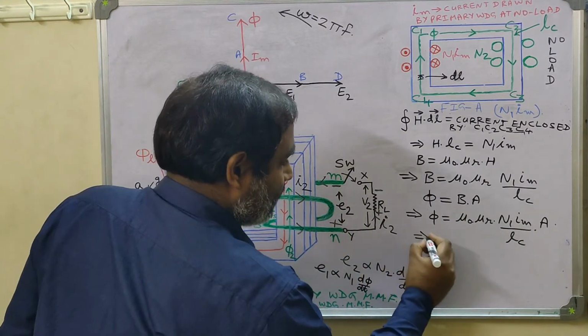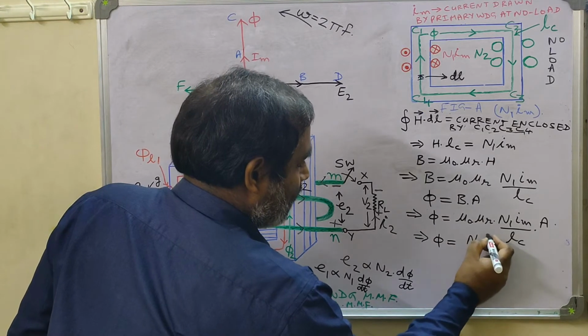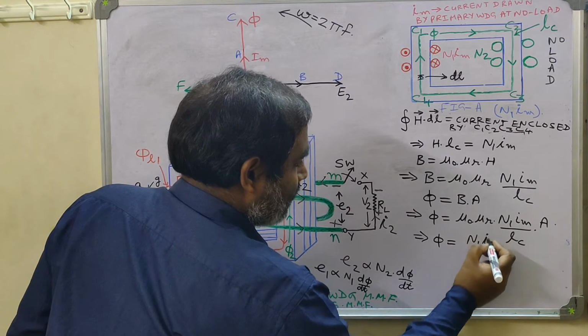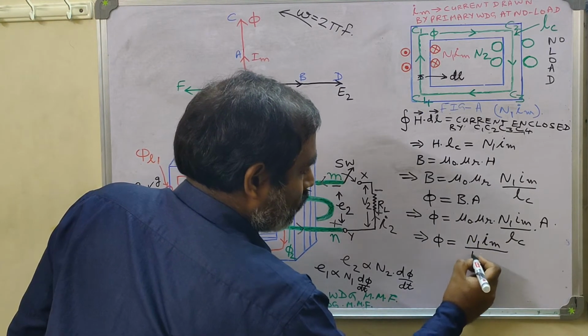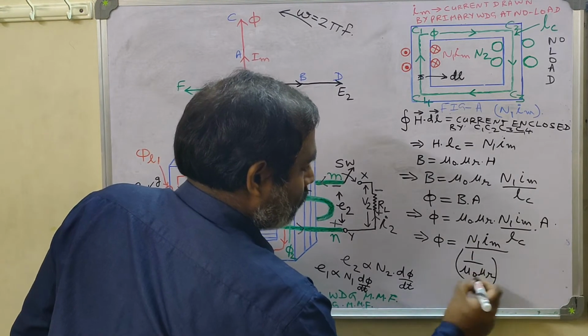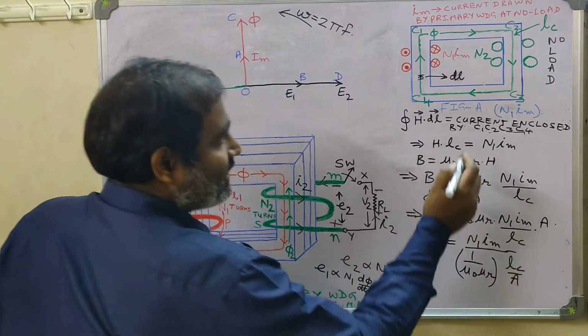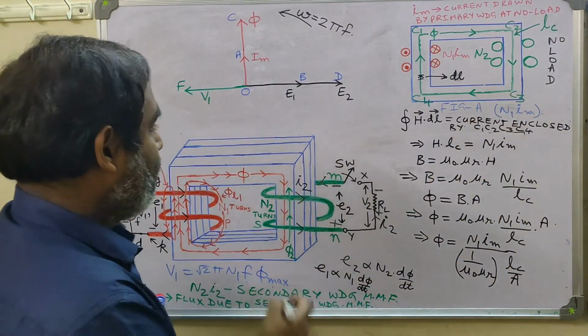Now we can rewrite this further: phi equals N1 into Im divided by 1 by mu naught into mu r into LC by A. What is A? A is nothing but the area of cross section of the magnetic core.